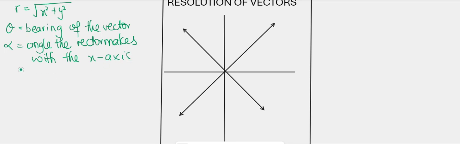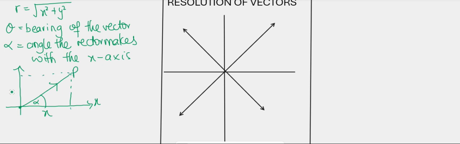So if we are to show this on a diagram, we have our x-axis. Let's say we have a vector p, and this is going to be our alpha, the angle that the vector makes with the x-axis. Now the vector p will have an x component here and then a y component here.